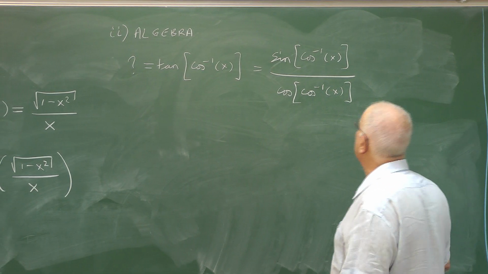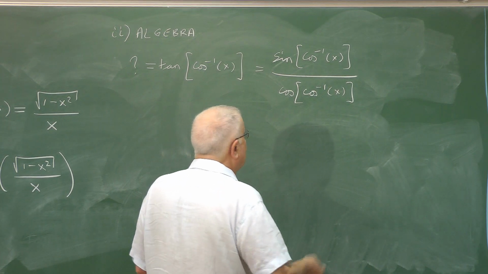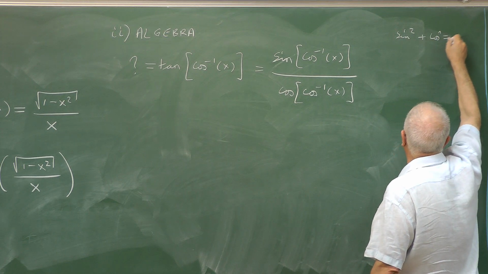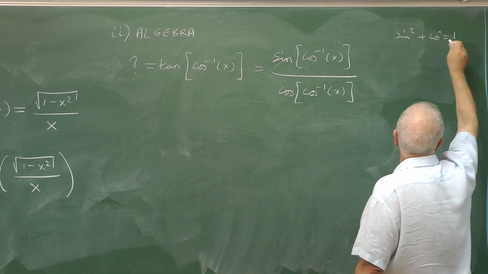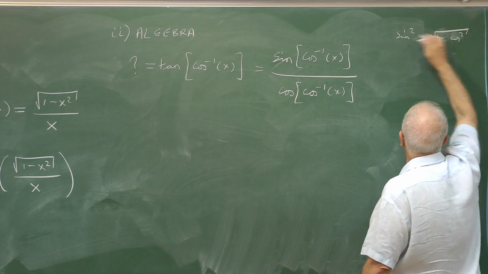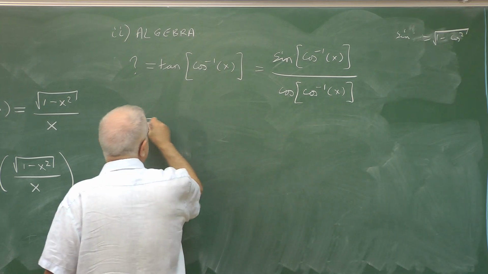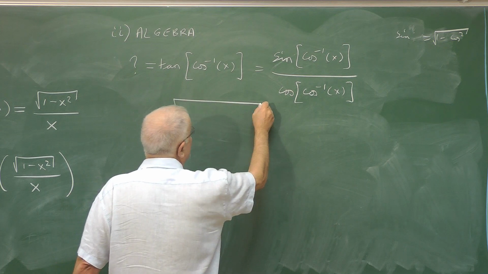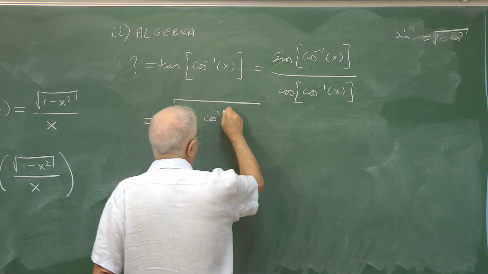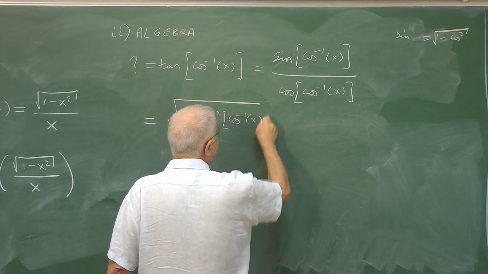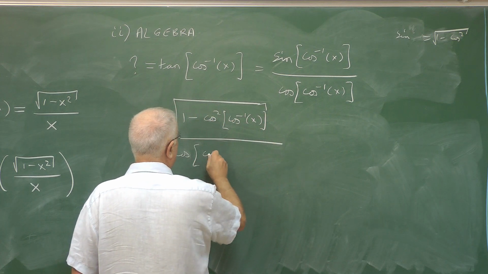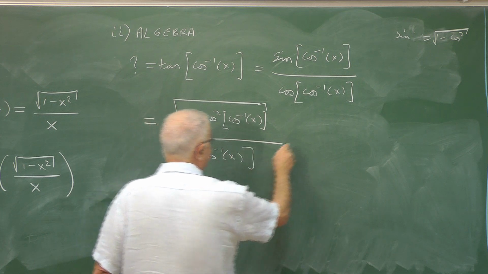What is sine in terms of cosine? Well, let us remember that sine square plus cos square equals 1. So sine is the square root of 1 minus cos square. So I'll write this as square root of 1 minus cosine square of inverse cosine x divided by cosine of inverse cosine x.